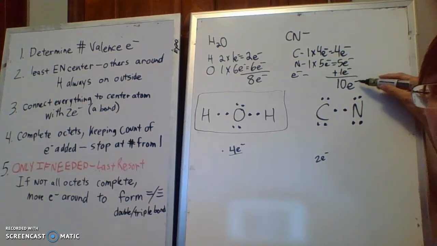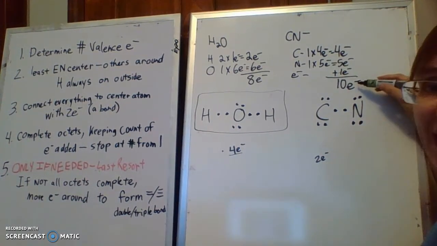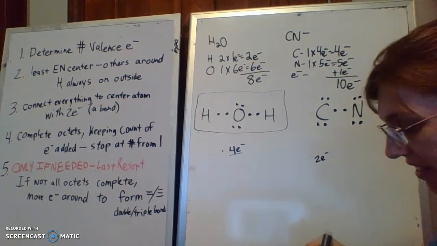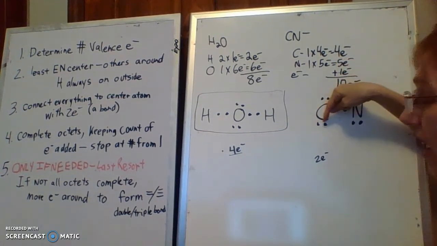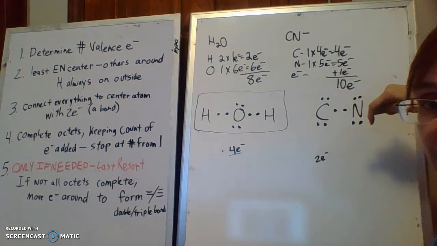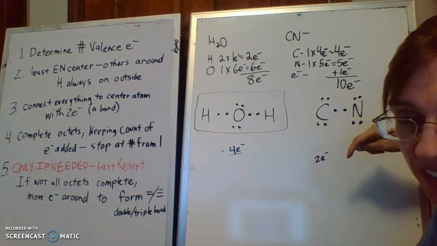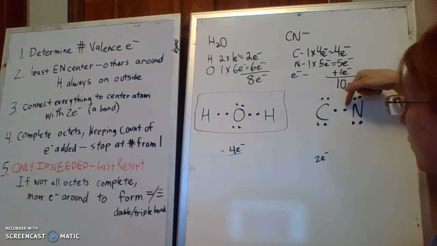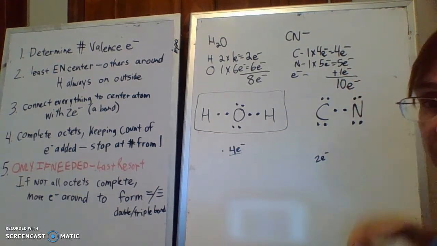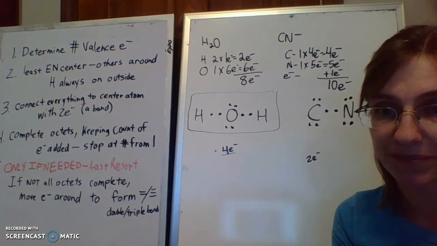Well, now we've reached 10. We can't add any more. So let's go ahead and see if our atoms are happy. Carbon has 1, 2, 3, 4, 5, 6 electrons. So carbon is not happy. Remember, carbon needs 8. Nitrogen has 1, 2, 3, 4, 5, 6. Nitrogen is not happy either.